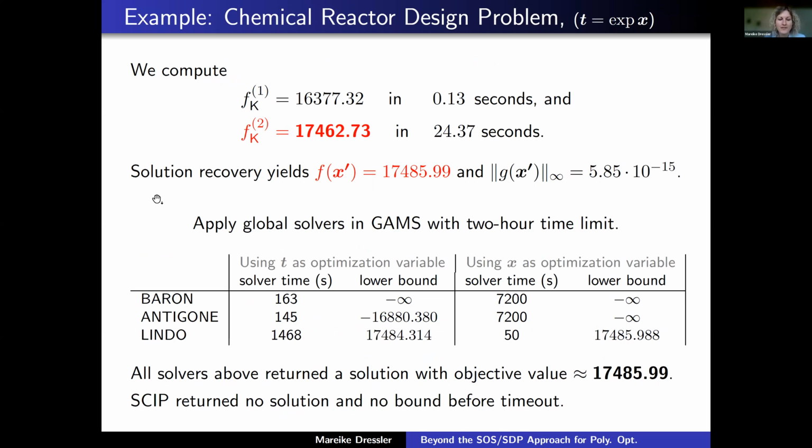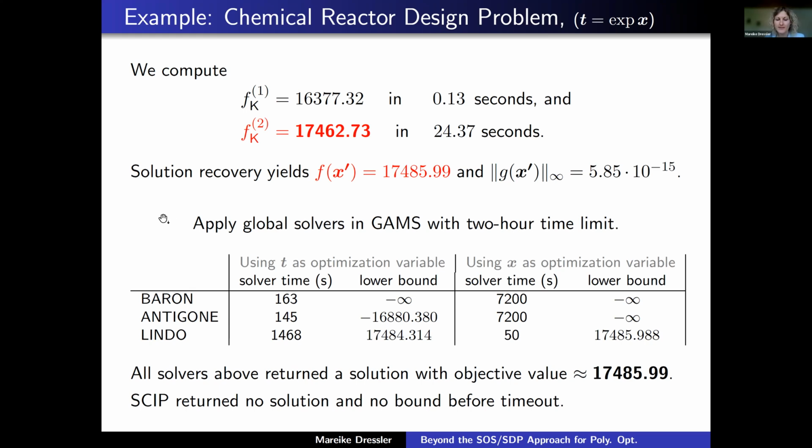If we then run a solution recovery on this second bound, this gives a point x prime with objective value given like here. And we see that this point is feasible to nearly machine precision. So we can reasonably conclude that this is really our true objective value. And we computed this in a very short amount of time, 24 seconds.